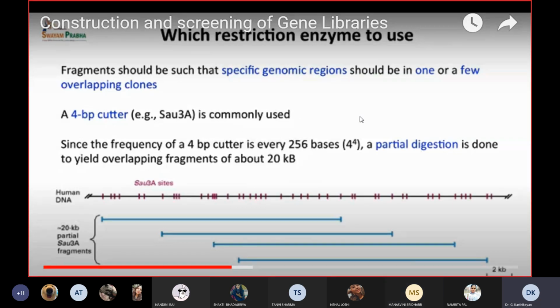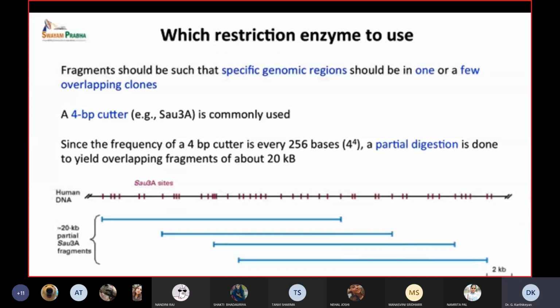A consideration that is very important to remember is that we create genomic libraries so that we can sequence them and look at the entire genomic sequence of that organism, or the sequence of the chromosomes that are in that organism. Because restriction enzymes will cut the genome into many fragments, you want to have the clones in such a way that there is an overlap between the clones, right? Ideally, if you can get one clone to represent one gene, that is the best case scenario.